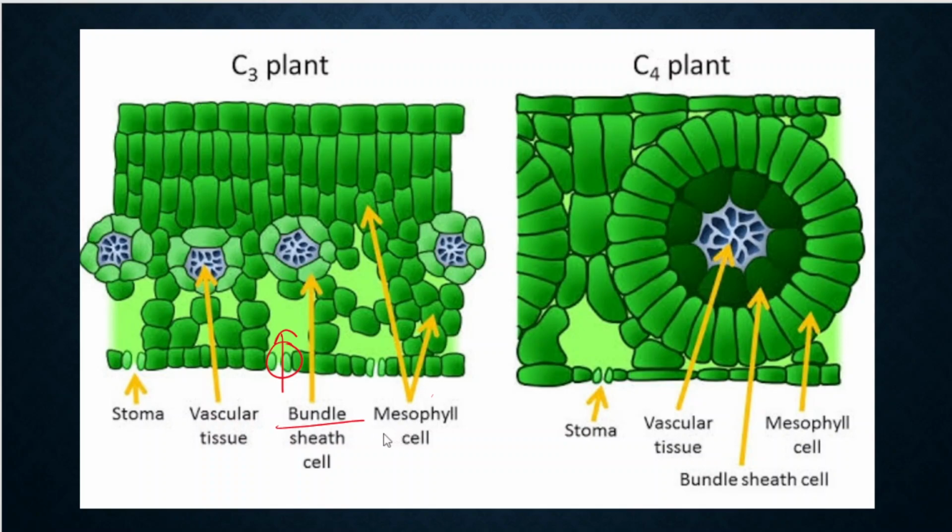You can see mesophyll cells are very loosely packed here, but in C4 plant vascular tissues are surrounded by bundle sheath cells, and then most importantly mesophyll cells form a tightly packed bundle around the bundle sheath cell. This closely packed circle of mesophyll cells avoids the intrusion of oxygen into the bundle sheath cell.